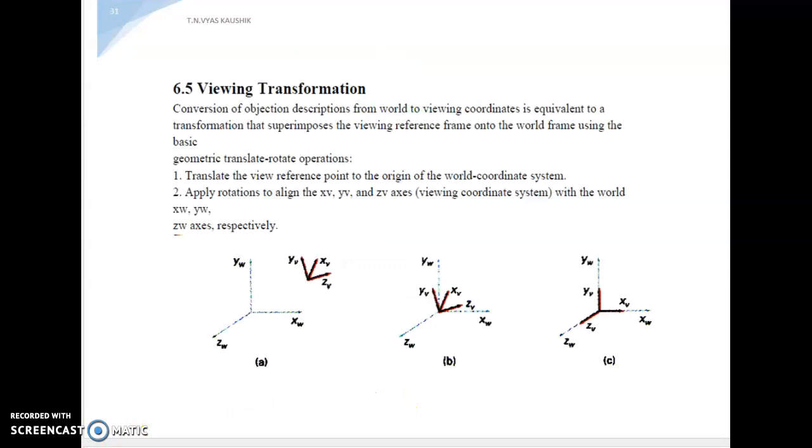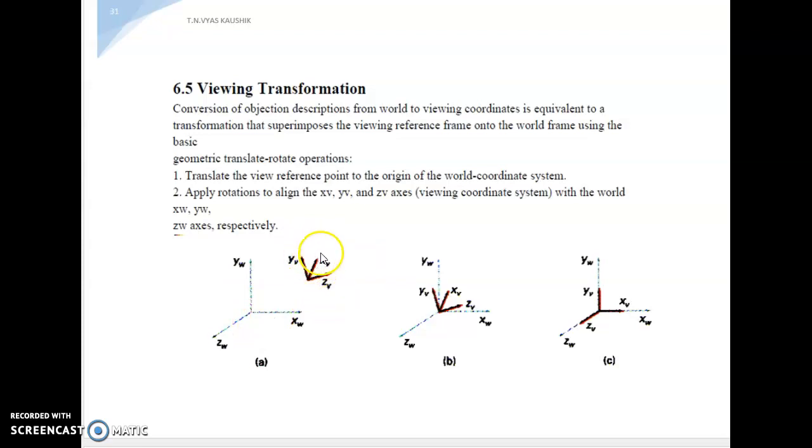Next, what is viewing transformation? We saw viewing transformation in 2D also. It is just the conversion of world to viewing coordinates. The world coordinates are converted into viewing coordinates, and this process is known as viewing transformation. We have two basic steps. In figure A, this will be the normal coordinate axis, and this will be a different coordinate plane.